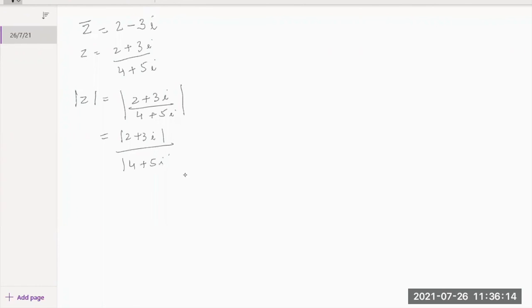You could do it, right? So mod can be split up in the fraction form also. Therefore, be careful when you are working with complex numbers. Keep in mind they have to be in the standard form of a plus ib.